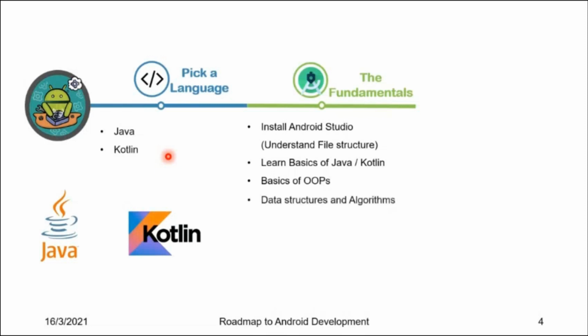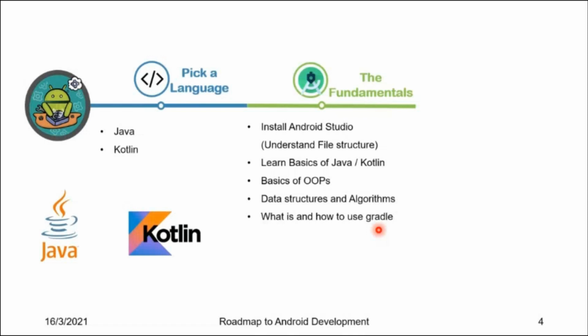Apart from that, you also need some knowledge of data structures and algorithms. Now you do not need to go into the fancy stuff, but a basic knowledge is necessary so that you can store the data in an efficient manner. Apart from that, you also need to know what Gradle is and how to use it.